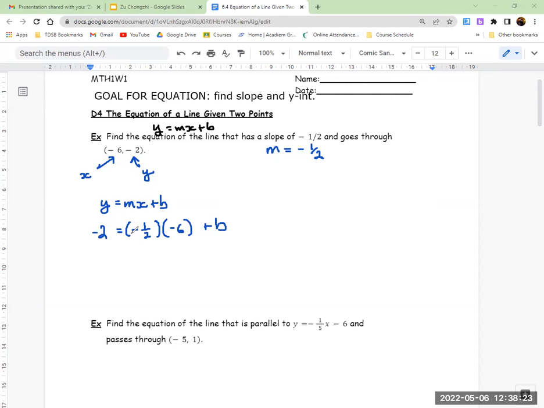So you're literally plugging it in. And when you solve it, -2 equals 1/2 times 6, that's a +3 plus b. To get b all alone, I will subtract 3 from both sides, and that's a -5. Put that together, my equation is y equals 1/2x minus 5.